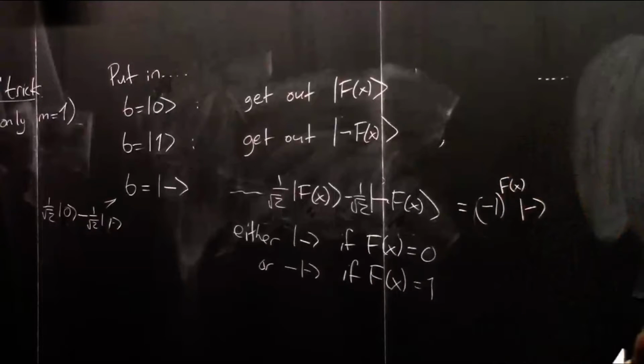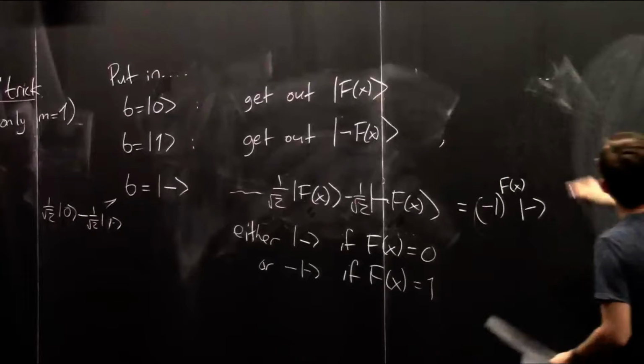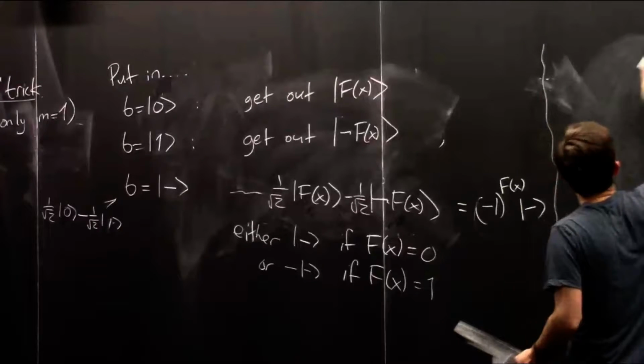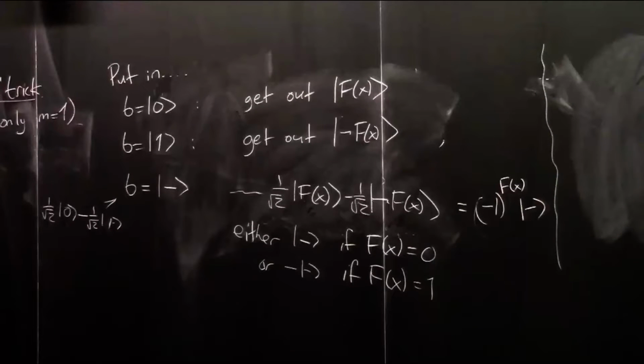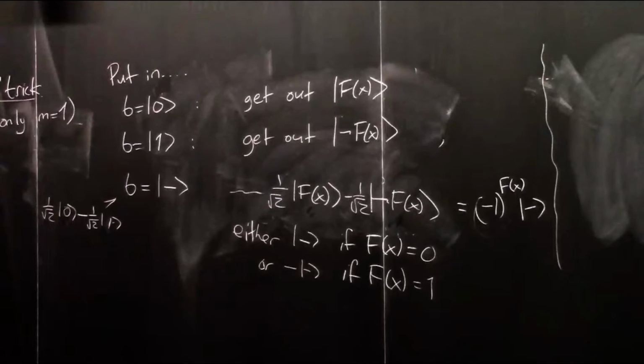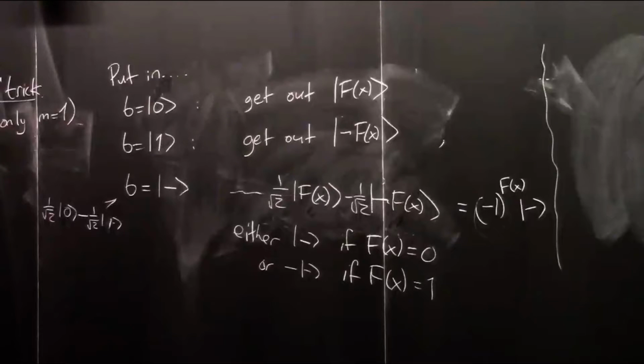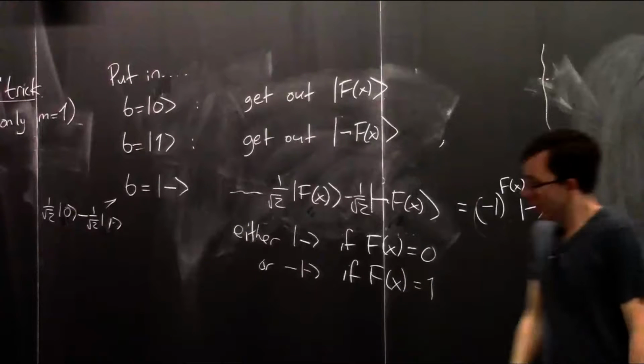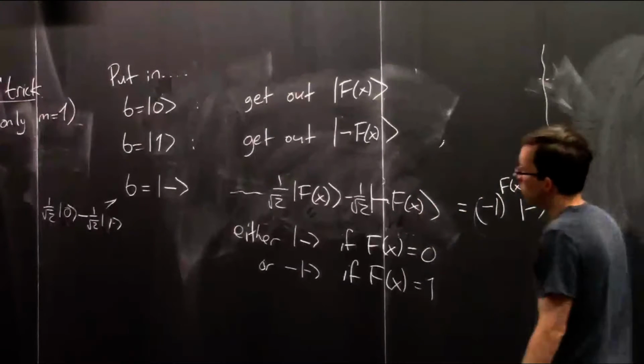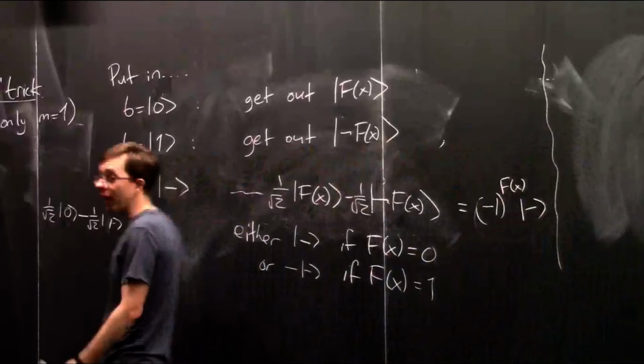Yeah. So we kind of discussed previously that you cannot distinguish between a state and a minus of that state. So how is that useful? It's a good question. It's going to be useful once we put in superpositions for x.